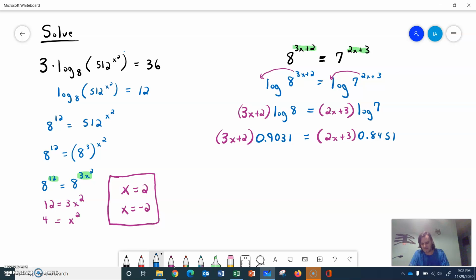Okay, so not a fun problem, but let's multiply on the left-hand side that 0.9031 times our 3x plus 2. I will have 2.7093x plus 1.8062.